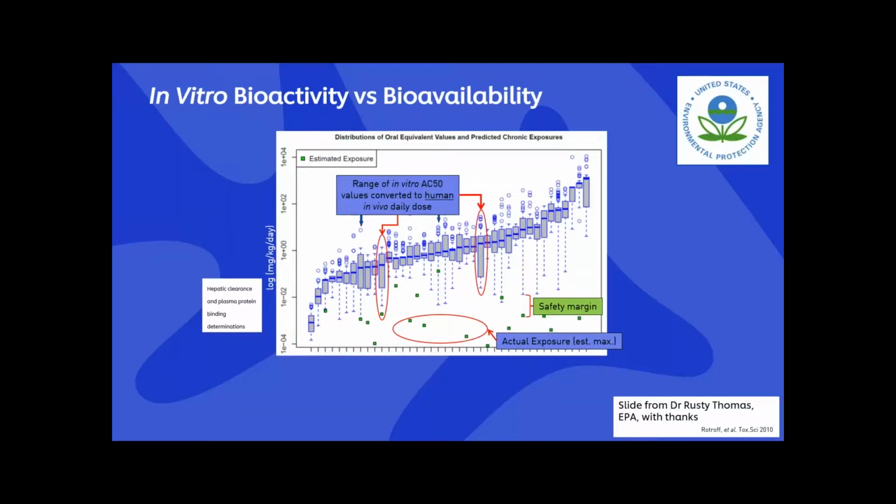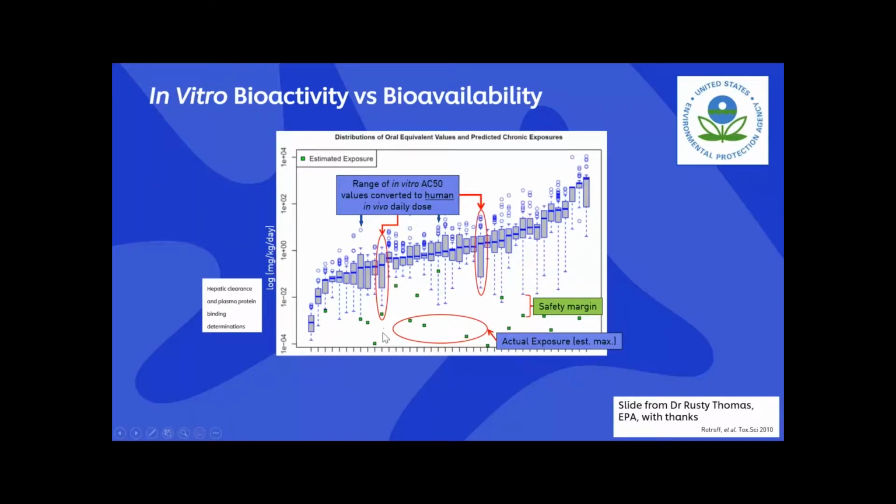So this really is a high throughput prioritization approach where you have a large margin of exposure, so a large difference between the oral equivalent point of departure and the expected human exposure. That would indicate a low priority for follow-up, but where you have a smaller margin, maybe like this one here, or where that's overlapping here, that would indicate a high priority for follow-up testing.